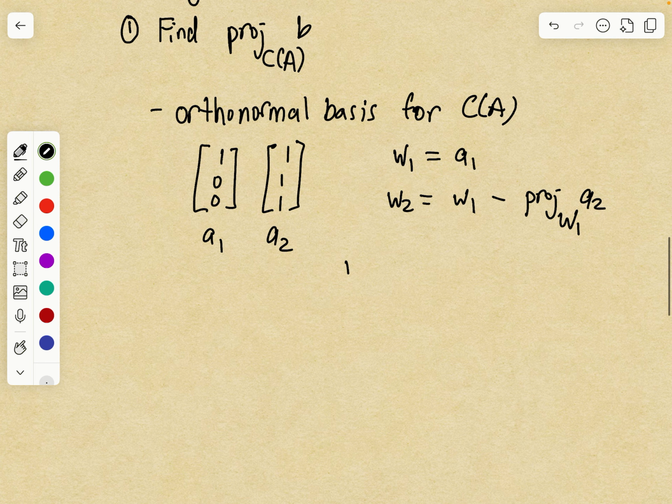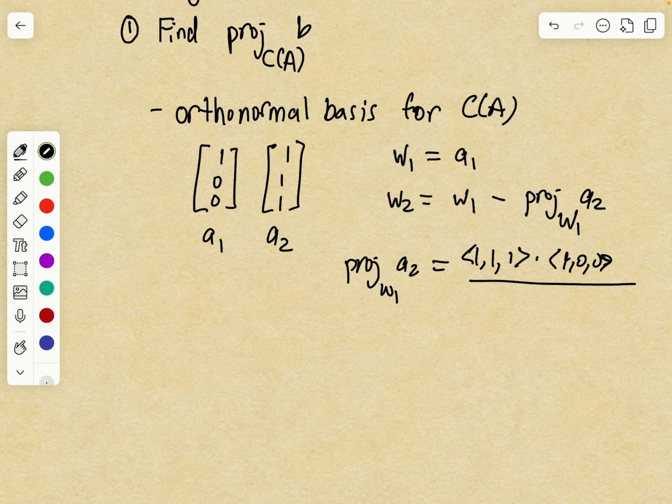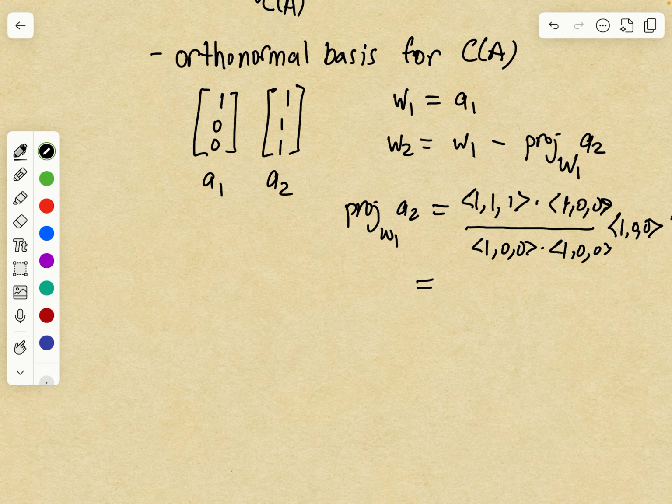So the projection of A2 on W1, remember there's a formula, it's just A2 dot W1, so it's 1, 1, 1 dot W1, that's A1, that's 1, 0, 0, over W1 dot W1, times W1. And this whole coefficient here ends up being equal to 1 because it's 1 over 1.